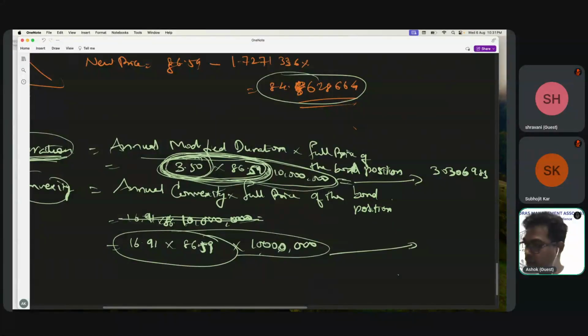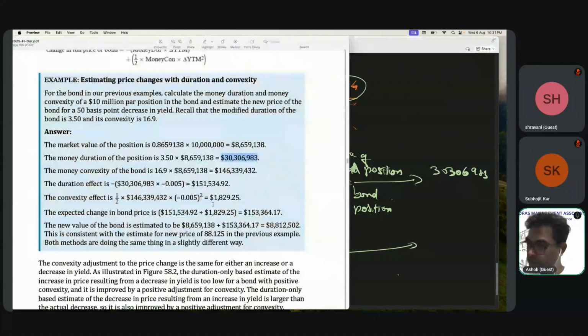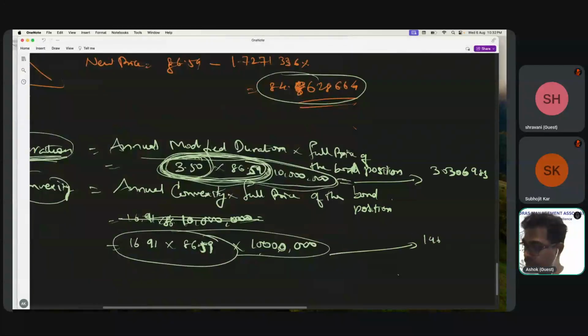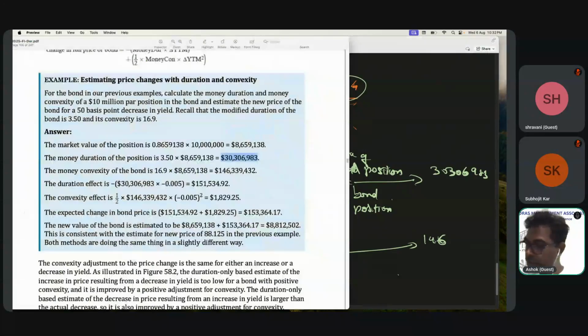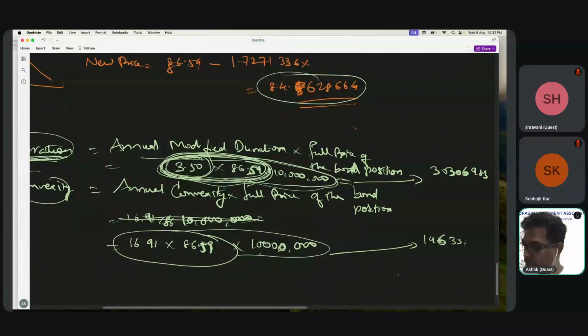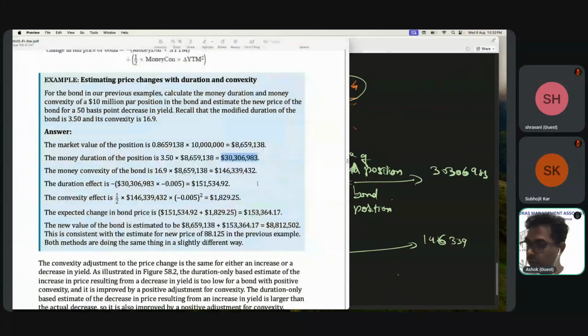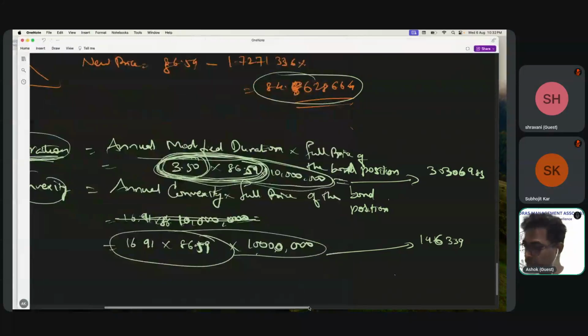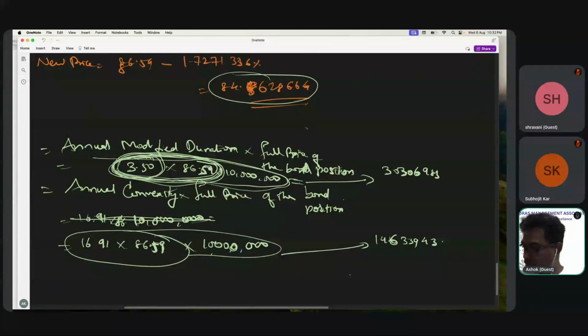And the convexity is 146,339,432. Too big a number they have taken.